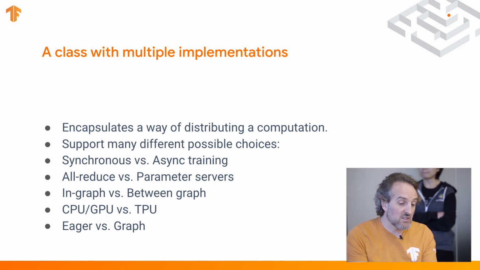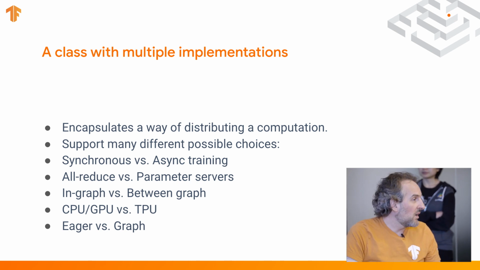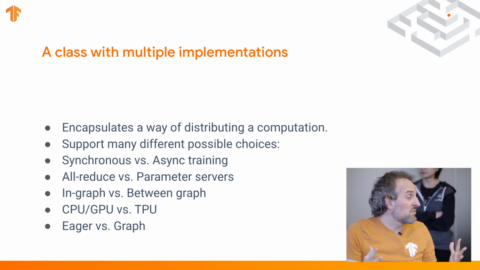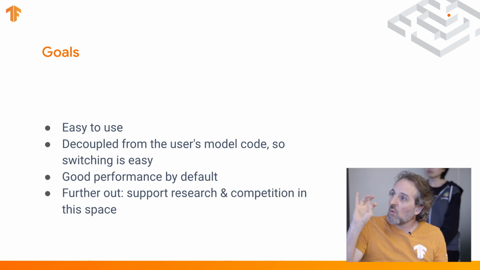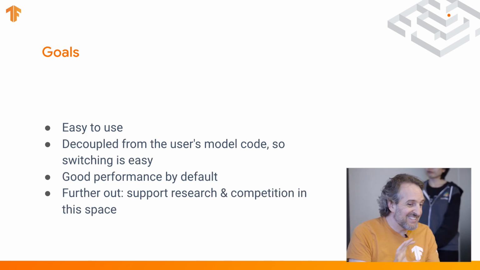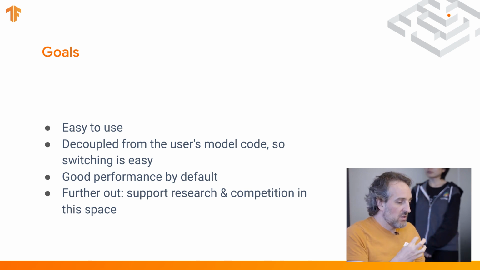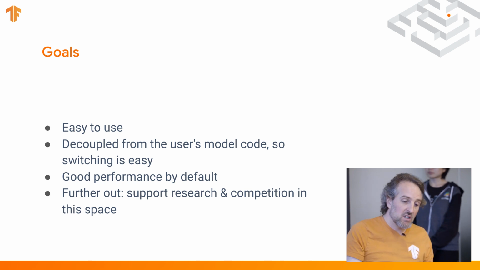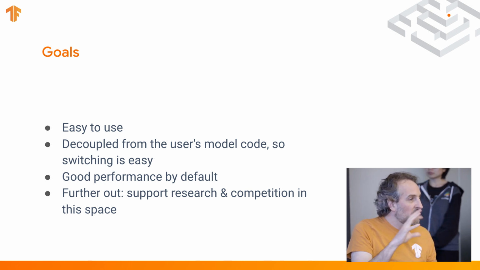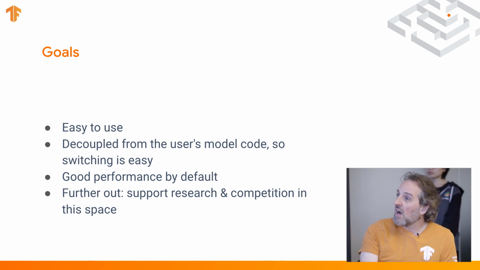But I believe it's the right move because it will allow not just a variety of different use cases, but a broad range of maybe future work. What I'm going to talk about is how easy it is to use and how we've made it so that you can switch between distribution strategies, because the code really is not entangled with user code, with a few exceptions, which I'll go into.